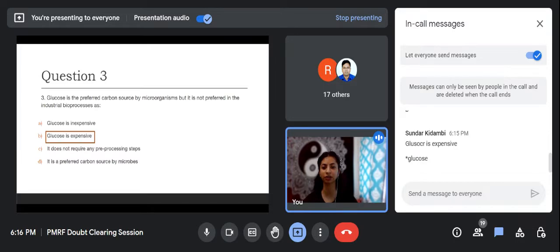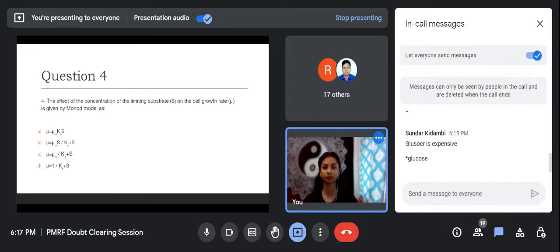So it's that extraction process which makes getting glucose expensive. Instead, we directly use products which are able to give us glucose by some reaction, or that our microbe can directly use because they have the enzymes to break down the cellulose or starch to give rise to glucose, which they can utilize, right?